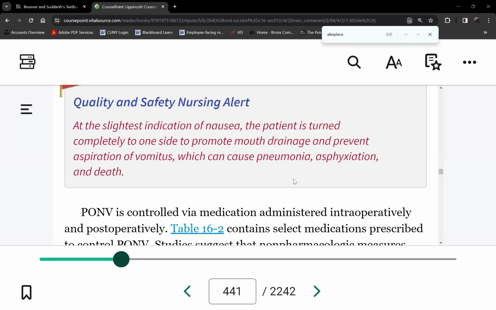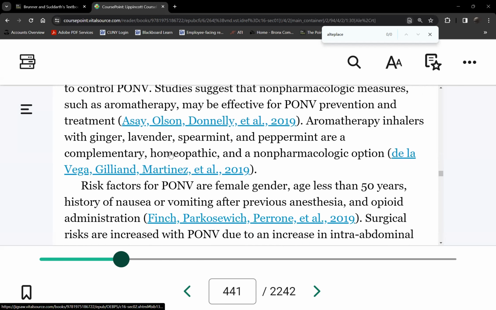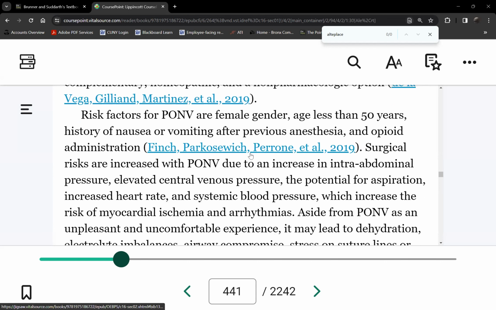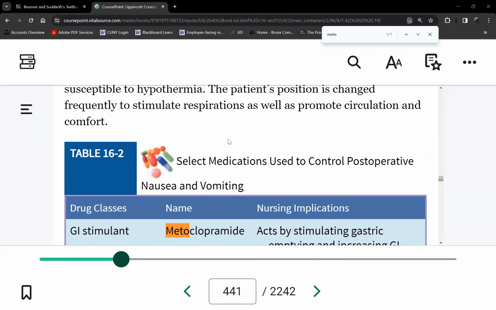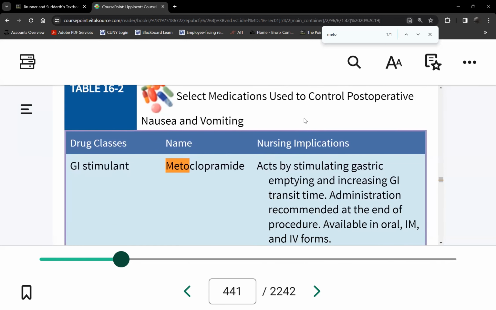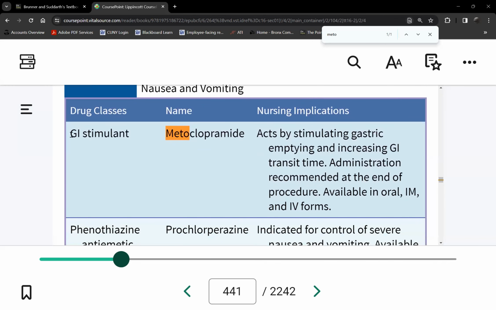So you can ask for Emend, for instance, which is aprepitant, or let's say metoclopramide. For me, metoclopramide is the best. Table 16-2 for nausea. This drug is a GI stimulant, because what happens to peristalsis post-op? Decreases, right?